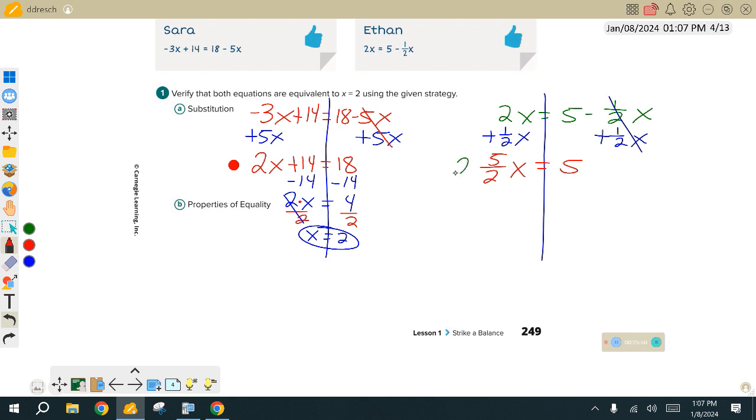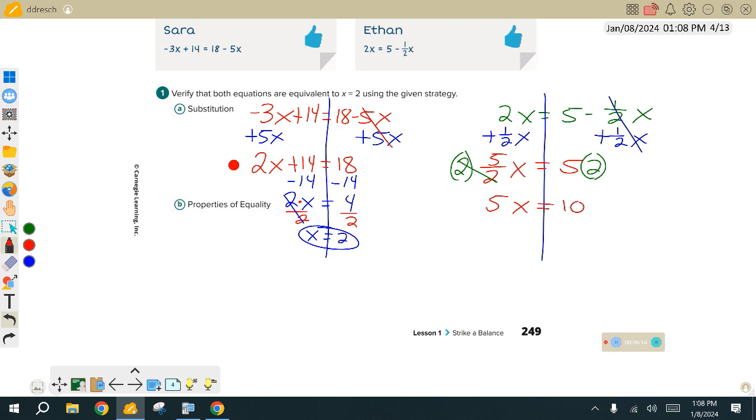Let's show that. Let's multiply both sides by 2. We did it already. This is nothing new. We did a problem like this last week, I know. 2 divided by 2 is gone. There's my 5x. And 5 times 2 is 10.